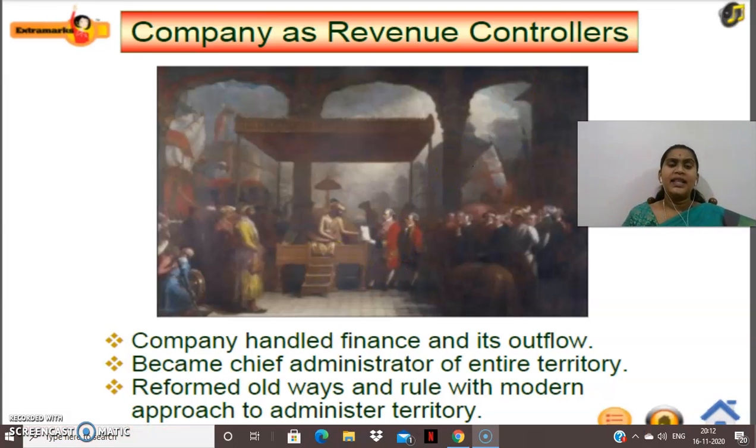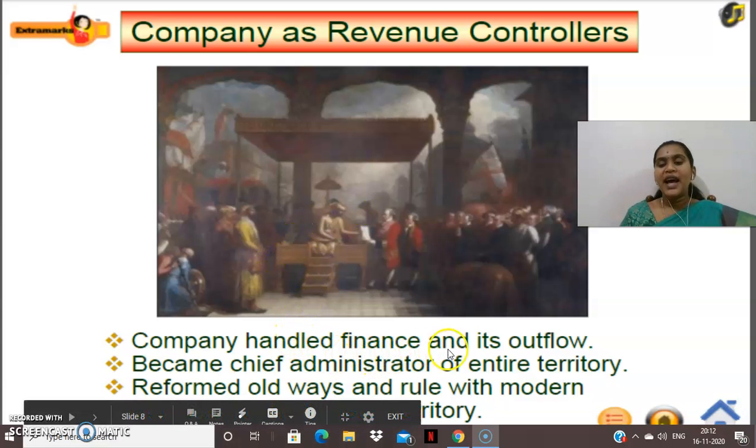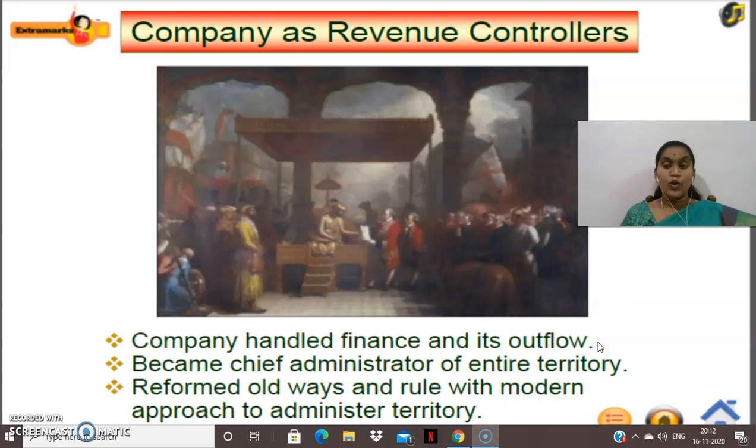And the next thing we are going to see is the company as revenue collectors. See here. The company handled finance and its outflow. Of course, they had the power the emperor gave, to administer and organize the revenue resources.